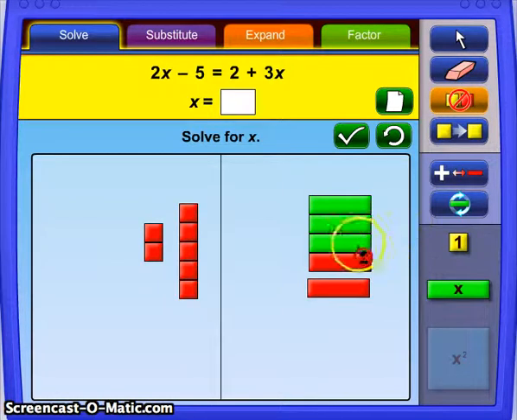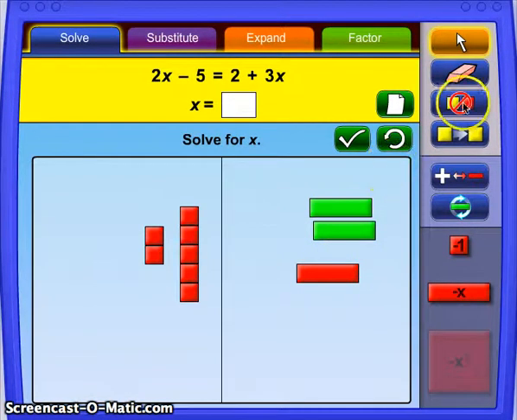So we have a positive x and a negative x. So we're going to click them together and they disappear, because we know that a positive x and a negative x equals 0. So here's a positive and it'll be canceled by the negative. Oops. Let's go back to that, click it once again.